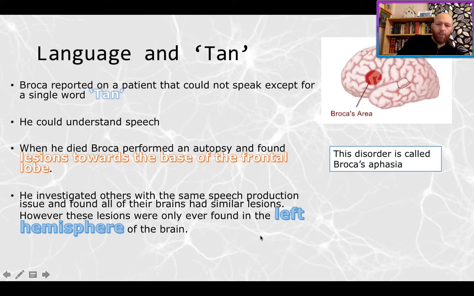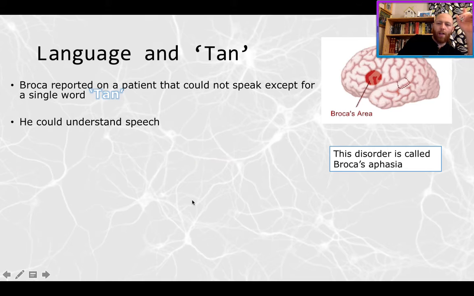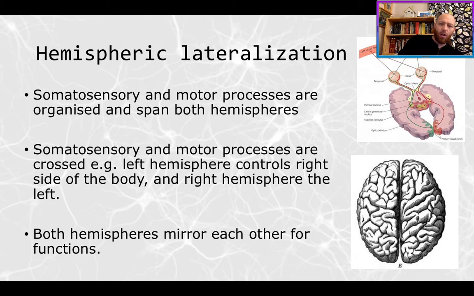He investigated others with similar speech problems. He found lesions in the brains that were very similar. However, these lesions were only ever found in the left hemisphere. Now, lateralization argues that every structure in one side of the brain may have a corresponding structure in the other.